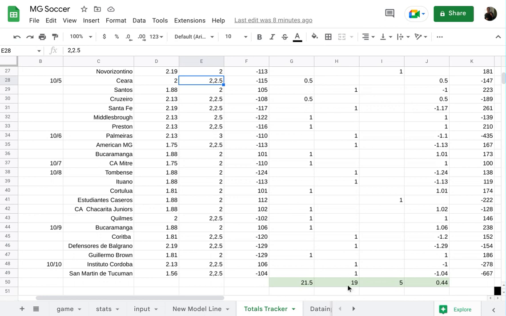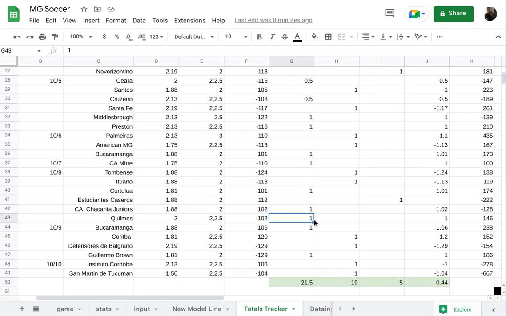So that's why it's counted that. We had 19 losses and 5 draws, for a net yield of 0.44 units. So a very low ROI return. But again, the model was profitable, and had just above 50% win percentage.